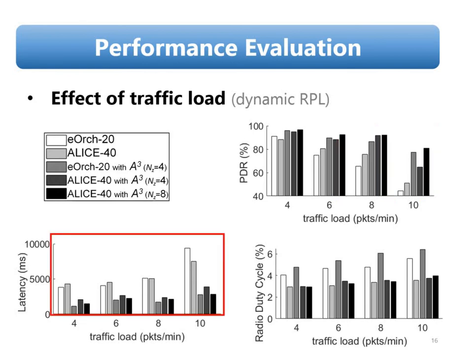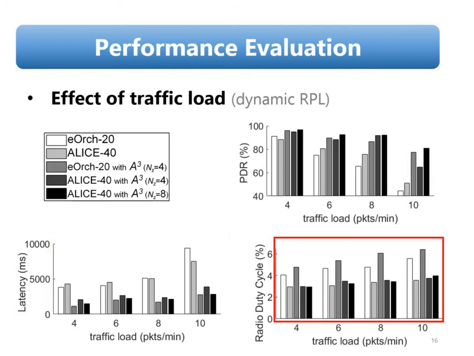Also, A-Cube reduces latency, and the use of A-Cube does not increase the radio duty cycle much, as it allocates more cells only to the nodes with high traffic load. In summary, A-Cube achieves higher PDR with lower latency at a similar radio duty cycle, achieving both reliability and efficiency.